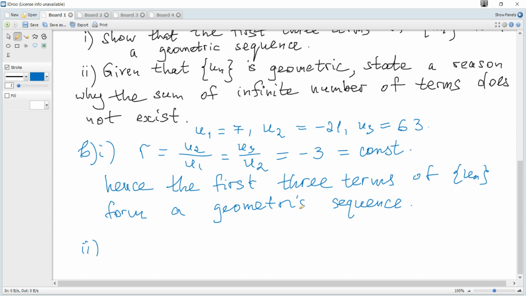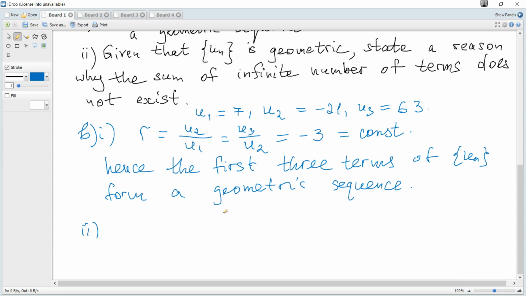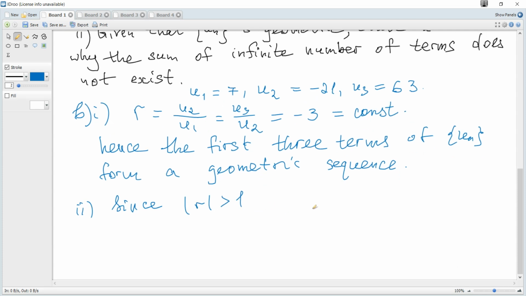Given that un is geometric, state a reason why the sum of an infinite number of terms does not exist. Since the absolute value of the common ratio is greater than 1, it means that the sequence is divergent.